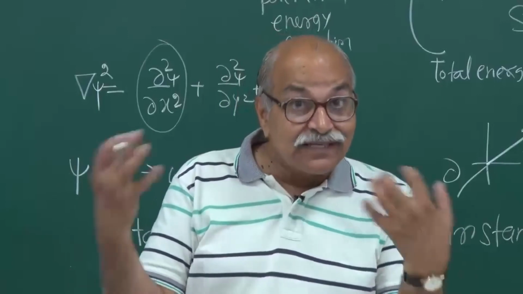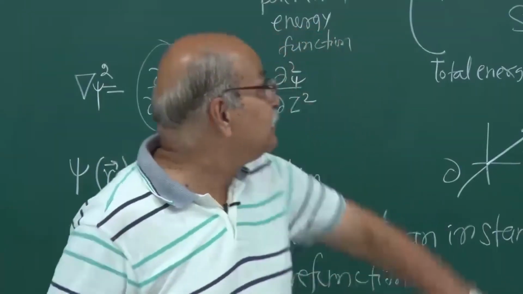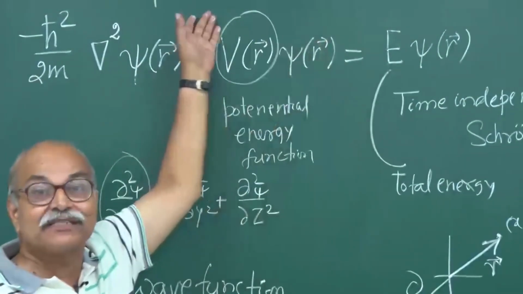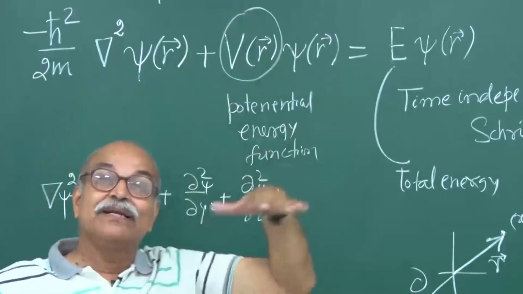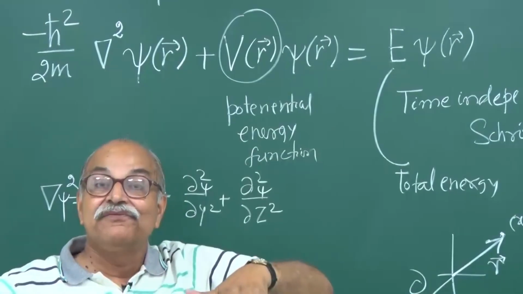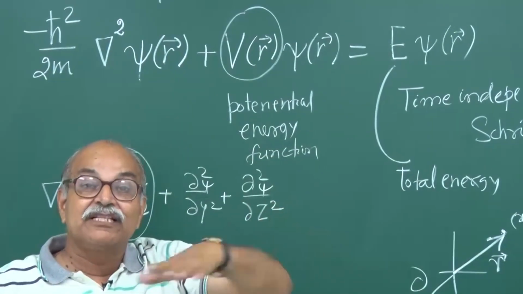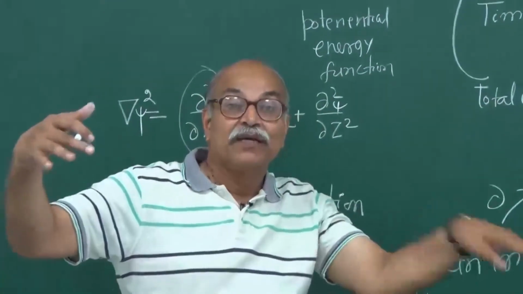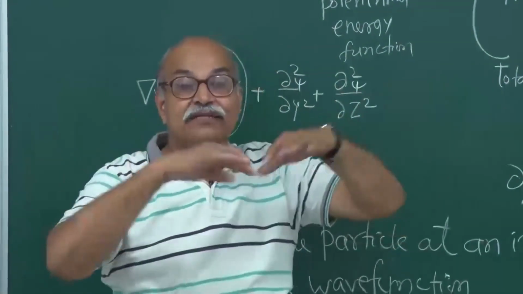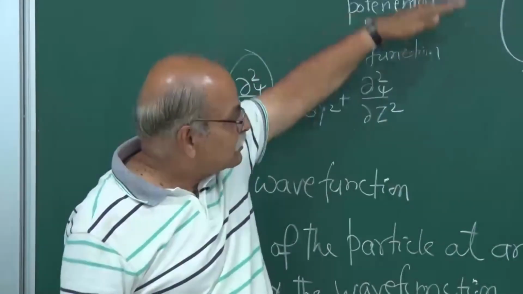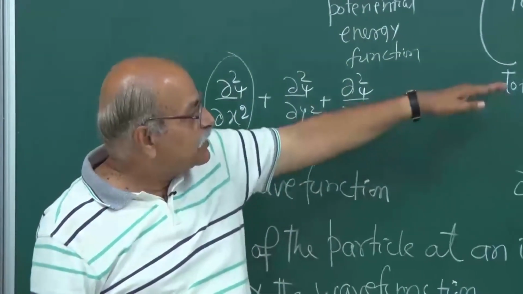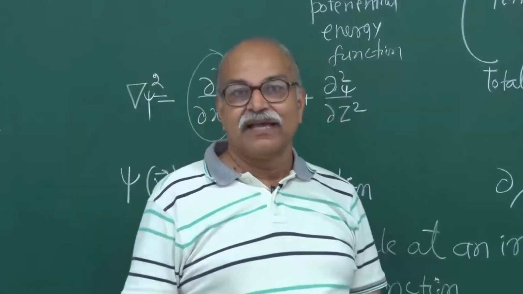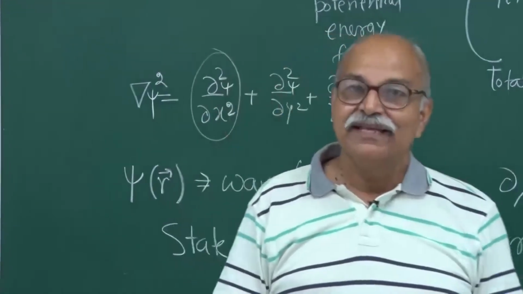Within those restrictions, try to find this energy E and this psi which can satisfy this equation, and you will get quantized, only specific values of E and specific functions psi, each corresponding to one energy value. So that is how quantum mechanics described by the Schrodinger equation works. We will talk more about this wave function and the Schrodinger equation in the next lecture.